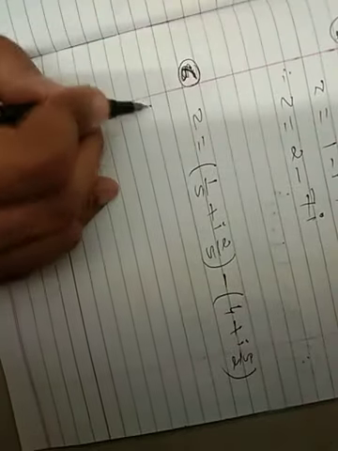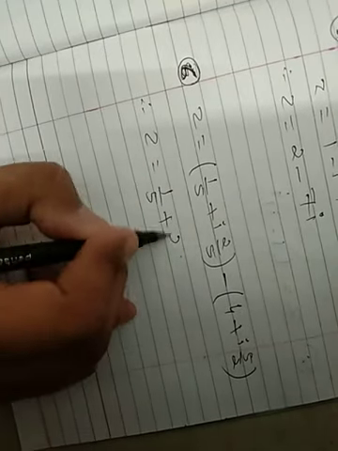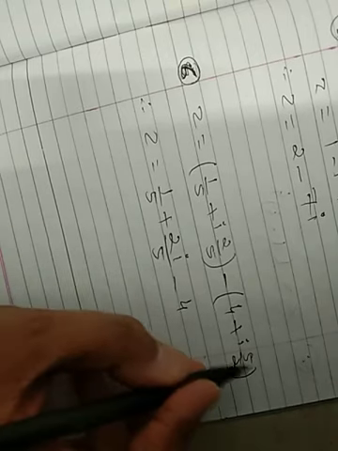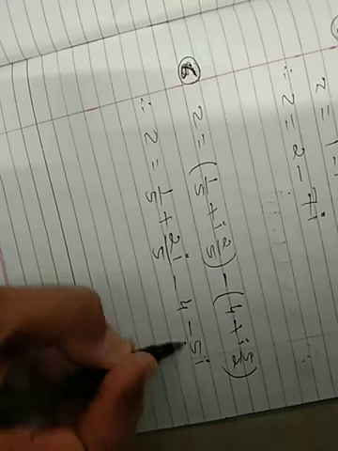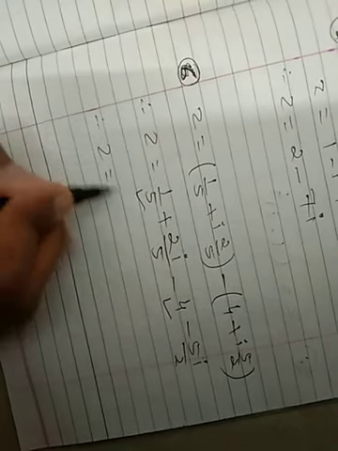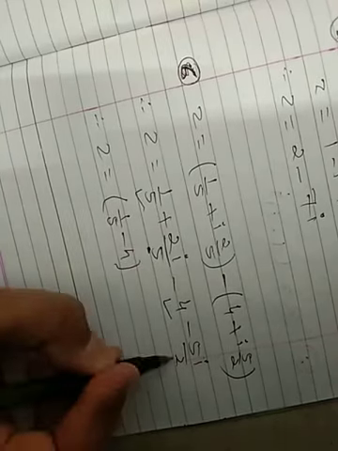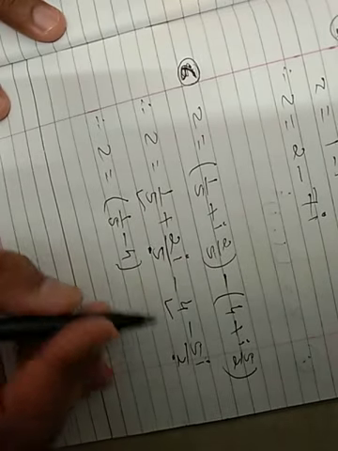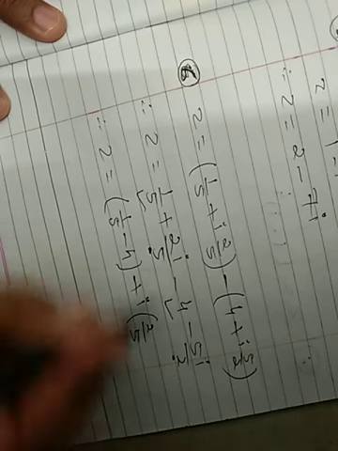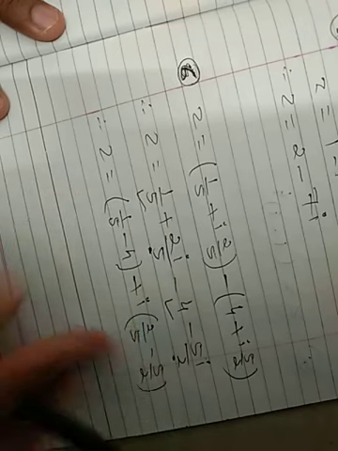Okay. Let z equal to 1 by 5 plus 2i by 5 minus 4 minus 5i by 2. Let real numbers together: 1 by 5 minus 4. And now let imaginary numbers together. Therefore i is common, 2 by 5. Again I will repeat. First open it.